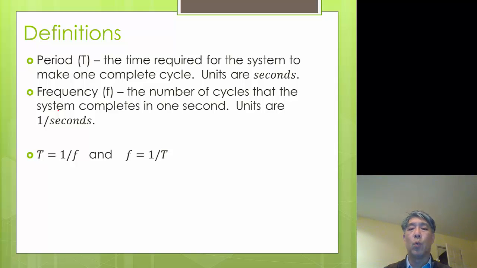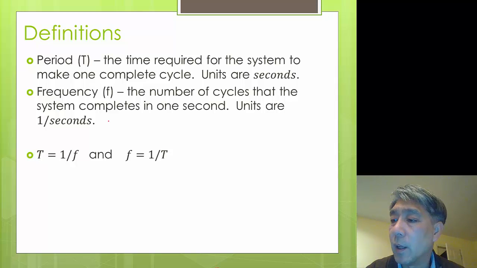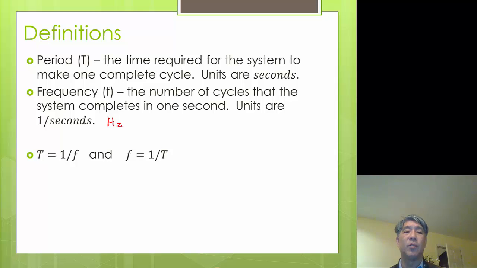The units for this is 1 over seconds. Later on, we'll also use the term hertz to represent frequency. So these two values are simply inverses of each other. Once I know one, I automatically know the other simply by taking an inverse of it. So period is equal to 1 over frequency, or another way to put it, frequency is 1 over period.